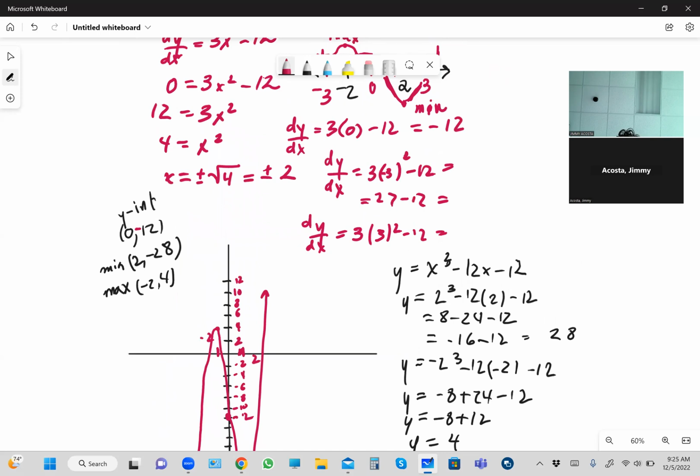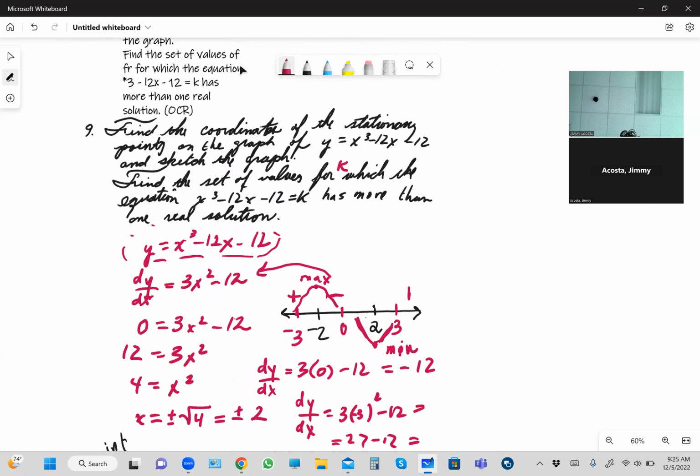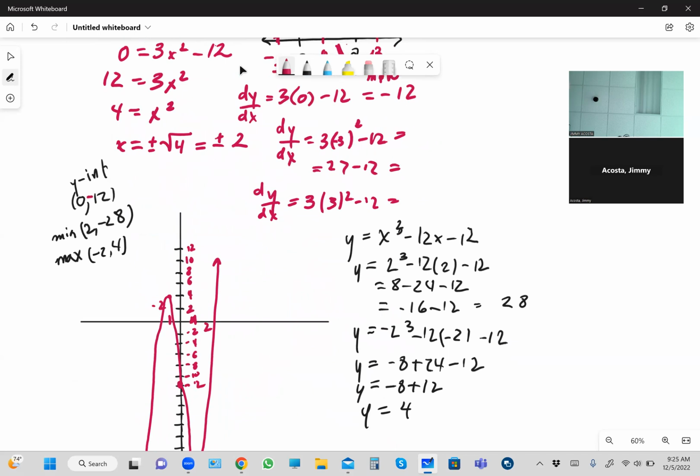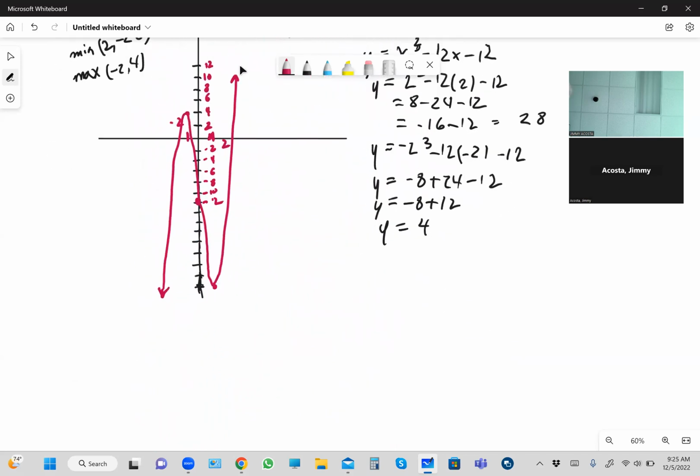The next part says to find a set of values for which the equation x to the third minus 12x minus 12 equals k has more than one real solution. So let's write that out for a second and let's talk about it. It's x to the third minus 12x minus 12, right?